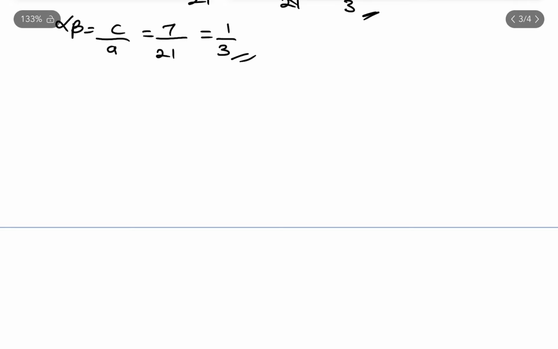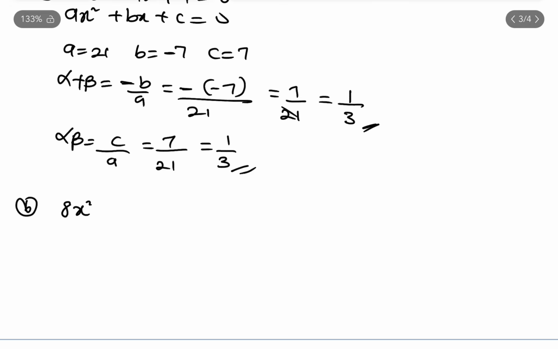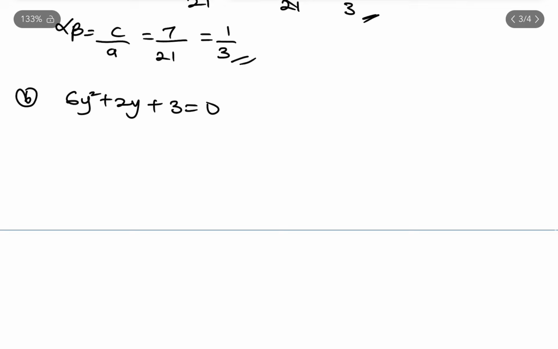Now question 2b. No, sorry, we have 6y squared plus 2y plus 3 equals 0. In this case, a is 6, b is 2, c equals 3. So we can get our sum of roots.